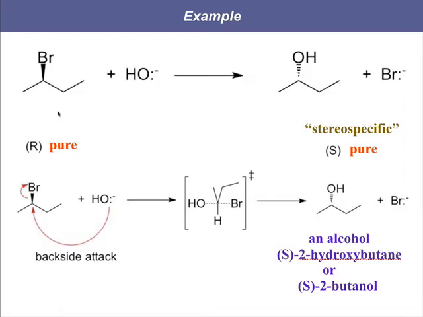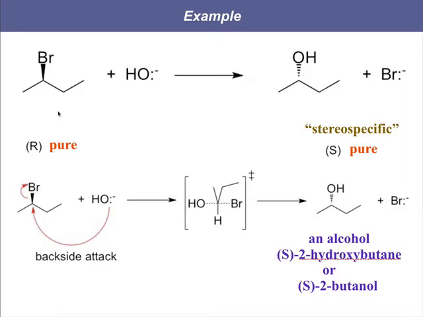Recall when we did free radical halogenation, we said that the radical could add from either face of our carbon, which means that if we start with, say, butane and we're adding a chlorine, we could get R-2-chlorobutane or S-2-chlorobutane. Free radical halogenation is not stereospecific.